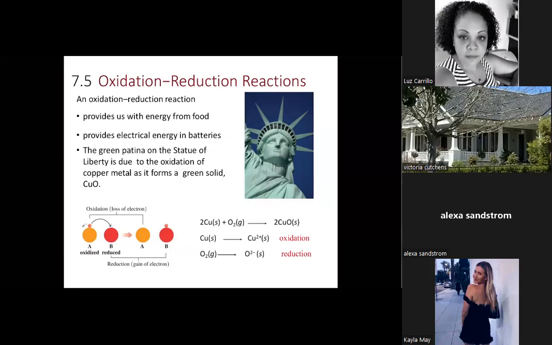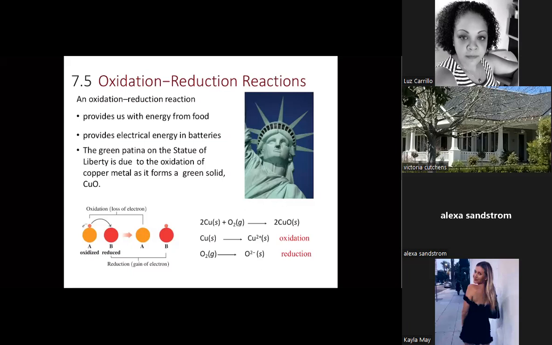Give me one moment. So when it comes to oxidation reactions, in physiology, when you study the process of glycolysis, you will see how oxidation reduction reactions are so important in the body, because it's how, for us, energy is produced from food.